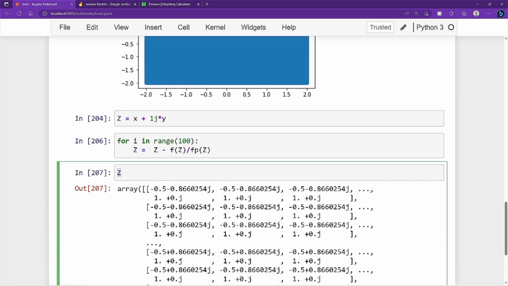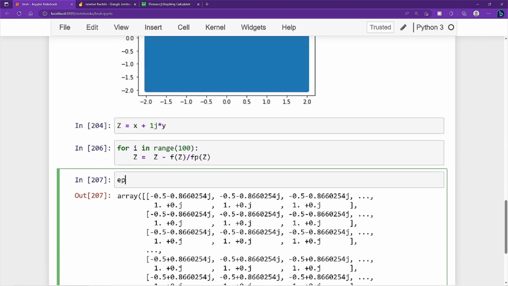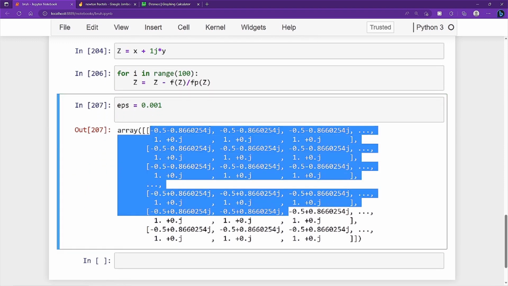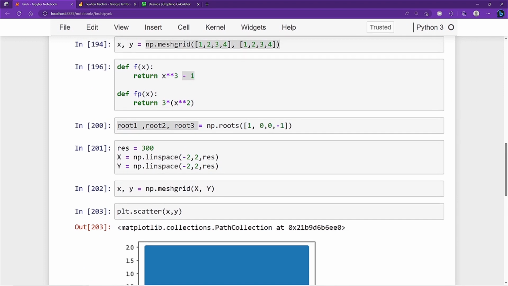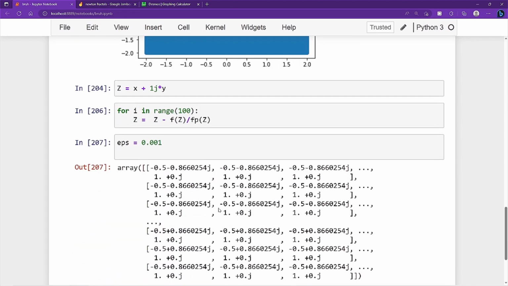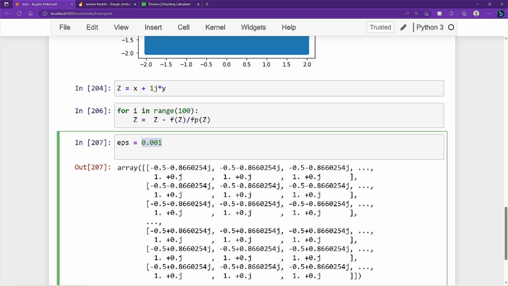And to compare them, we're going to do this. We're going to have a threshold epsilon. And we're basically going to compare each of these values with these roots, all of them. And if the difference between them is close to 0, or at least approximately close to 0, which we're going to use this for, then we're going to color it with that color specifically. So let's do it.